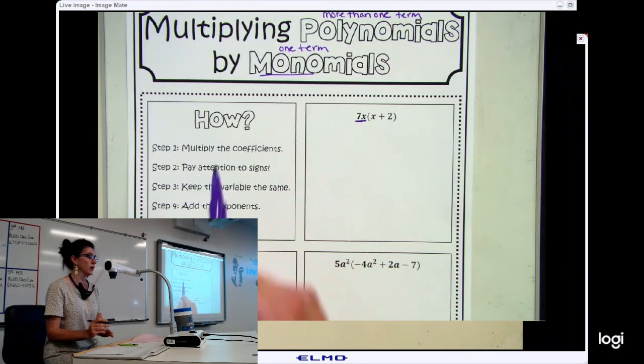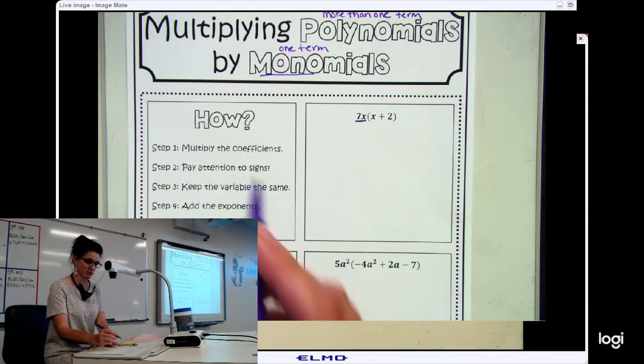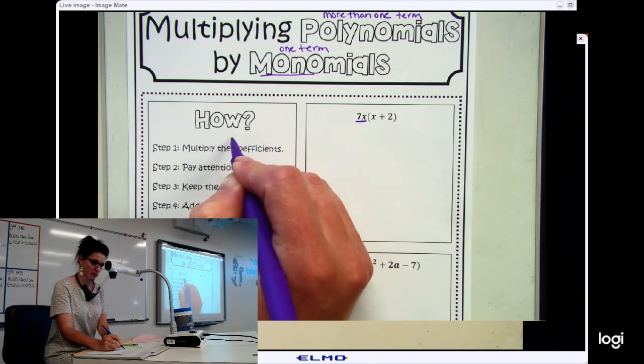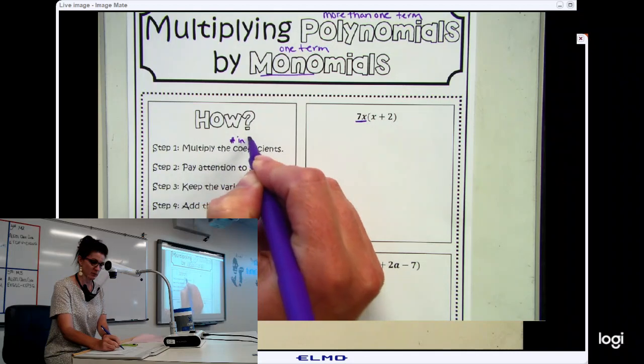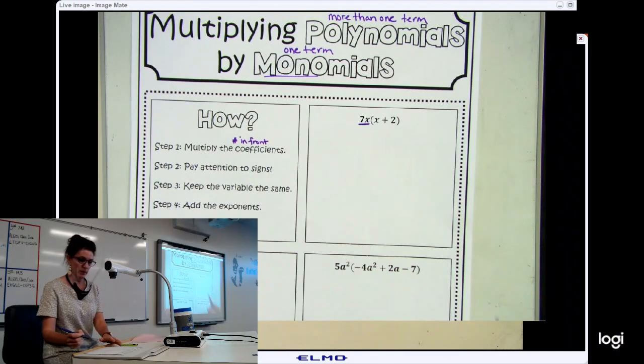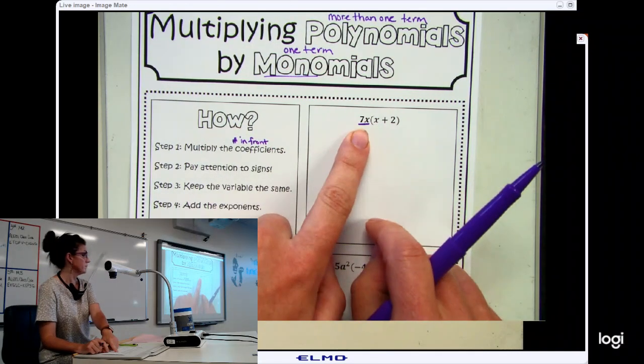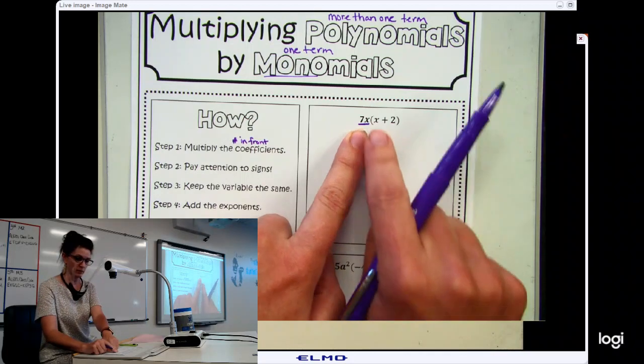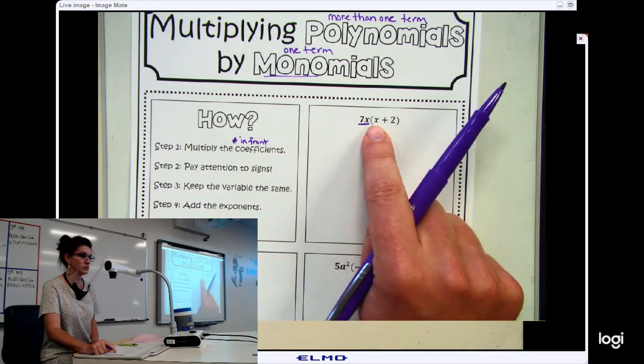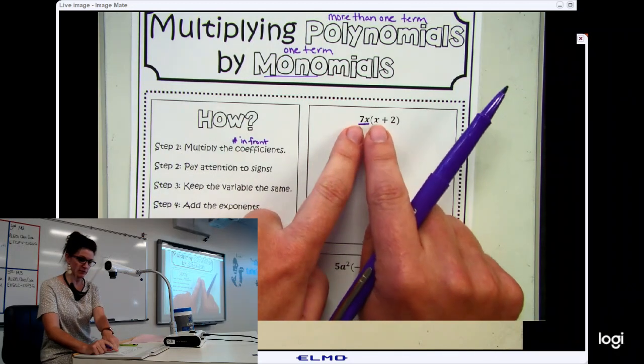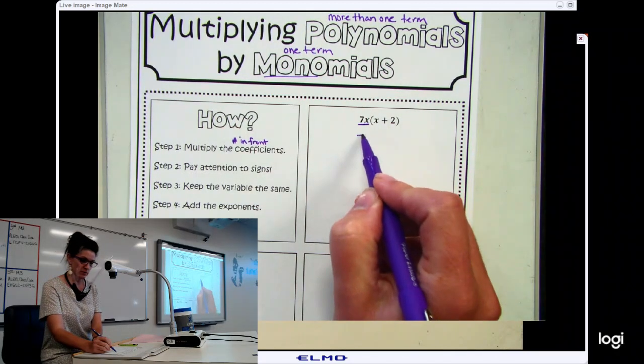So how do we do this? We multiply the coefficients. And remember, coefficient is a fancy word for the number in front. So the coefficient of 7x is 7. What's the coefficient of this term over here that says x? 1. So all we're going to do is 7 times 1 is 7.